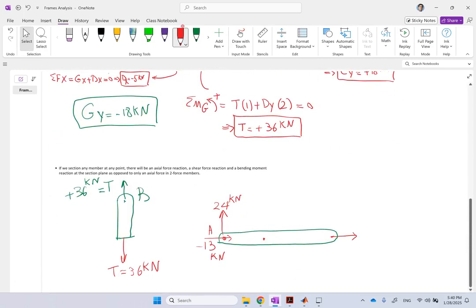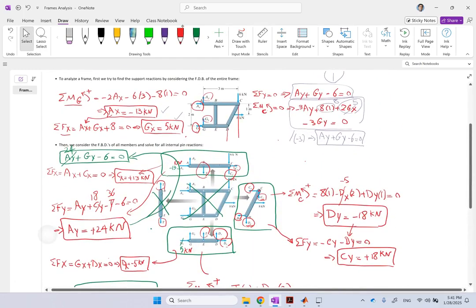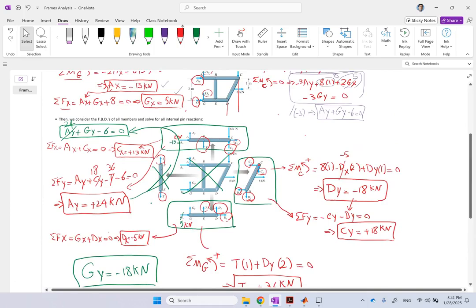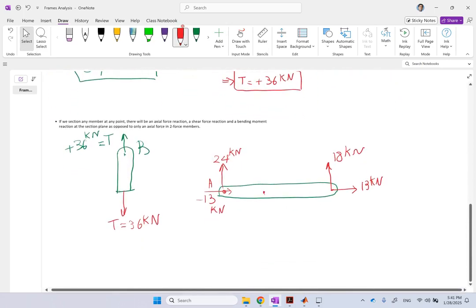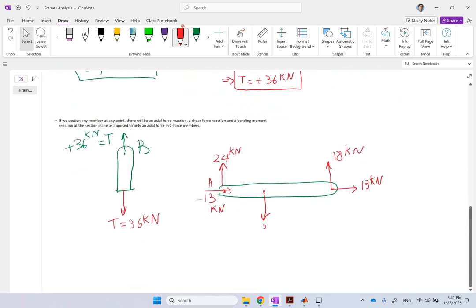So this is 13, this is 18. And at B, we had basically only the T downward, and the T downward was 36. So this is this member, okay?